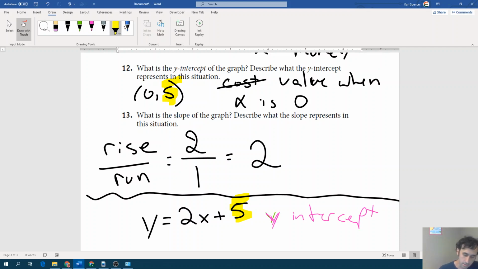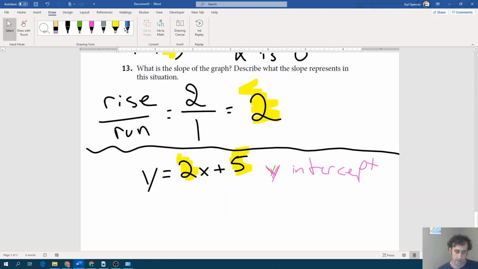Do we see that slope too anywhere? We do. We see that slope right there in front of that x. That is the slope. And in fact, you will always see that. In a linear equation, our slope will always be connected to that variable.